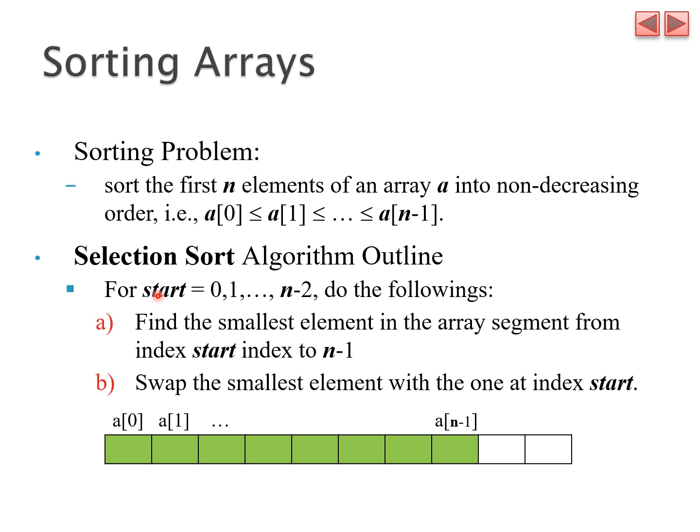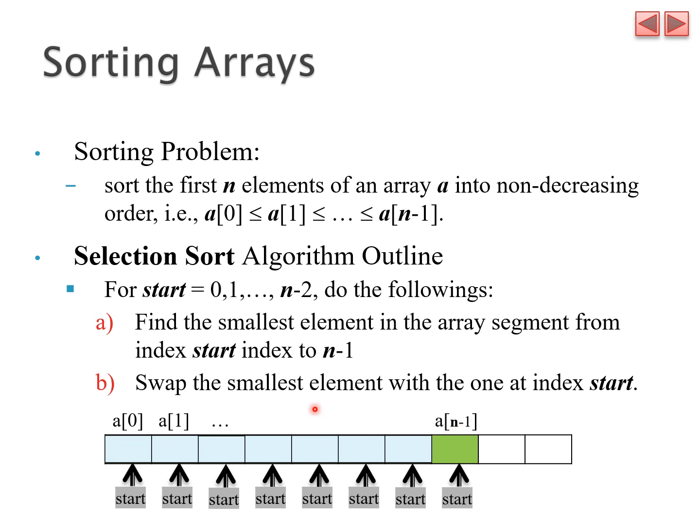So initially, the entire array in the input is considered unsorted. So variable start receives value 0 initially. Then each time the unsorted array segment is reduced, we increase variable start by 1 until it reaches the value of n minus 1.